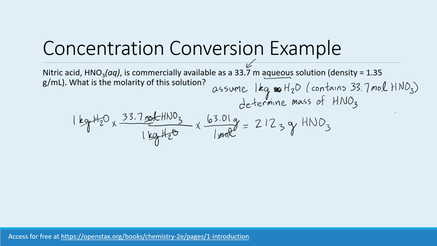And so by assuming that we had 1 kilogram of water to start out with, right, 1 kilogram is 1,000 grams. And so the total mass of my solution, and I'll abbreviate that as SOLN, that has got to be equal to 1,000 grams of my solvent, which is water, again because I assumed 1 kilogram from the start, plus the mass of nitric acid that I just calculated, that's the 2,123 grams.